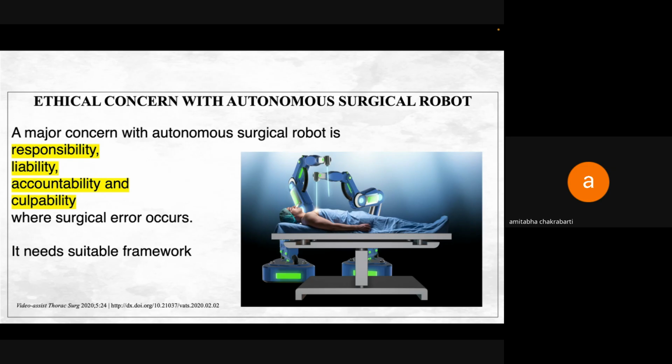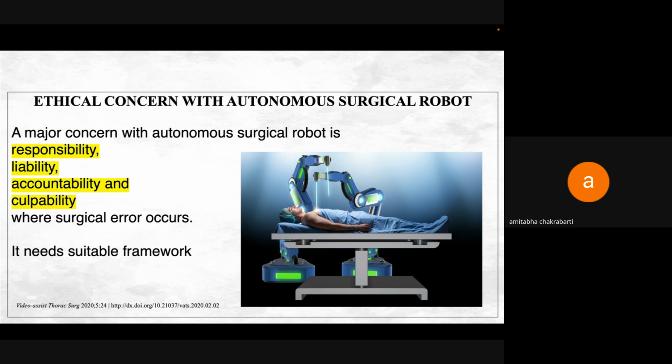No. Responsibility is the duty to deal with something, the duty to complete a task. This is responsibility. What is liability? Liability is a present obligation to pay or fulfill a duty to another party arising from a past event. This is liability.